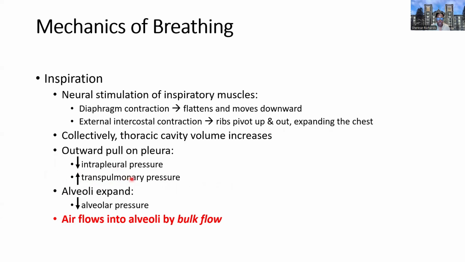Remember, transpulmonary pressure is intra-alveolar pressure minus the intrapleural pressure, so as that number gets more negative, transpulmonary pressure increases. That increases the distension pressure, the ease with which the lungs want to distend. The alveoli also expand because of the drop in alveolar pressure, and then air simply flows passively according to bulk flow.